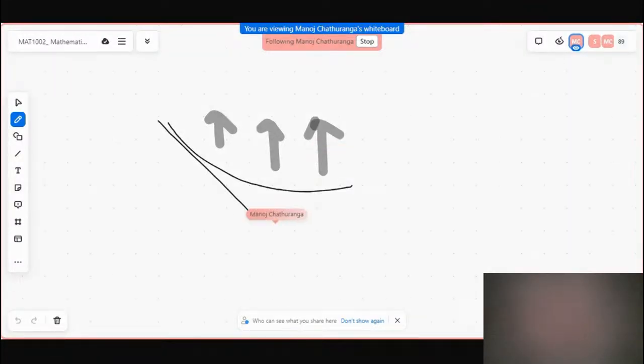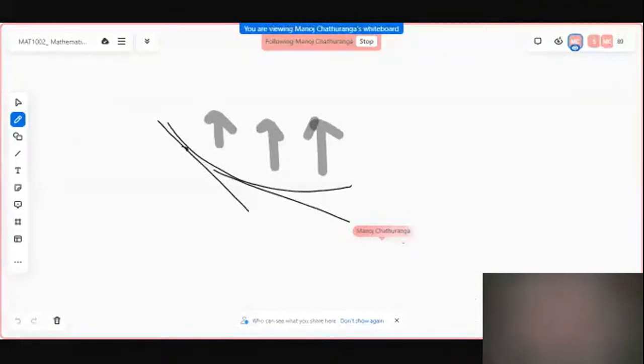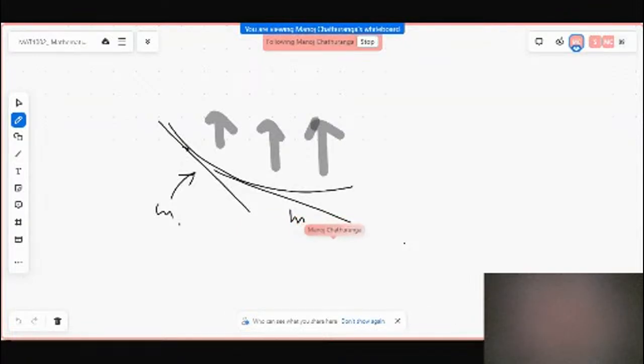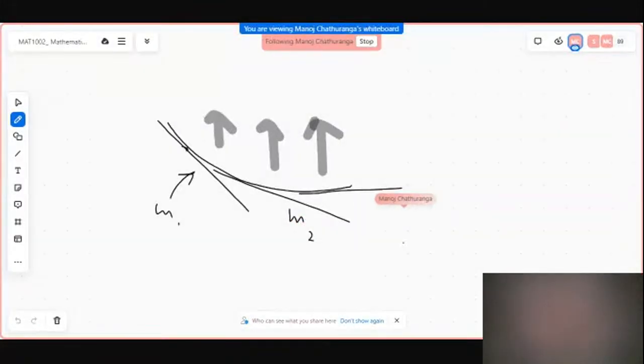Let me draw a tangent line and another tangent line. You see, this one has a bigger slope than the slope of the other one. And again, if I go forward, I get an even smaller slope.